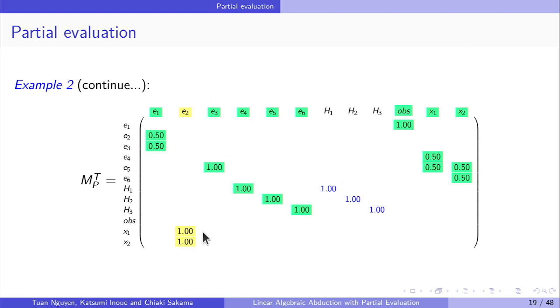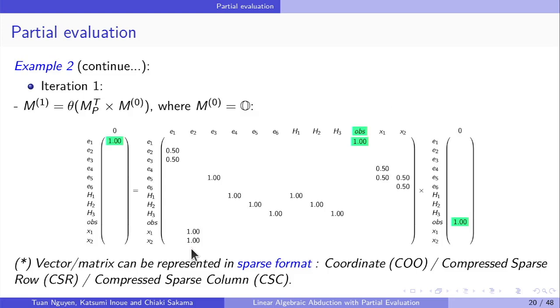Here we have the green columns as AND rules, and the yellow columns here are OR rules. And then we take that matrix to solve the problem. We take the observation vector, we multiply it with the abductive matrix, and we obtain the explanation of this.